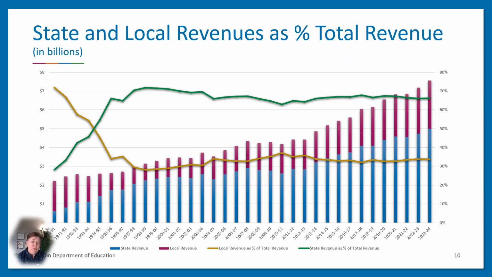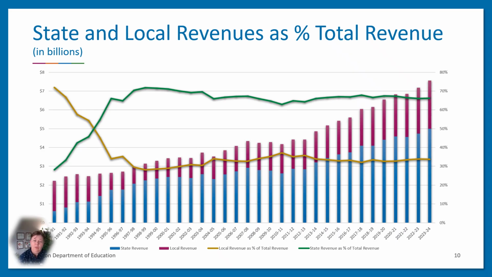And so over time, you can see those growing together. We have a graph showing you from about the 1990-91 school year all the way through the 23-24 school year. So you can see over time how that total amount has grown. You can also see the green and gold line graph here, and that is a percentage. The green is the percentage of state revenue, and the gold is the percentage of local revenue.